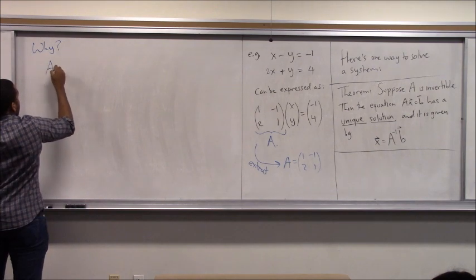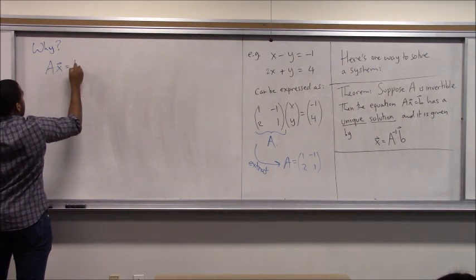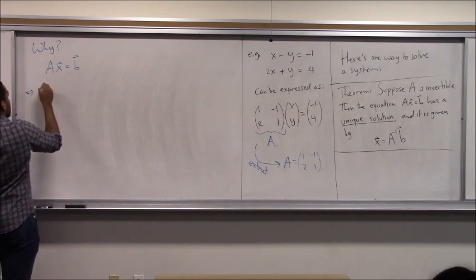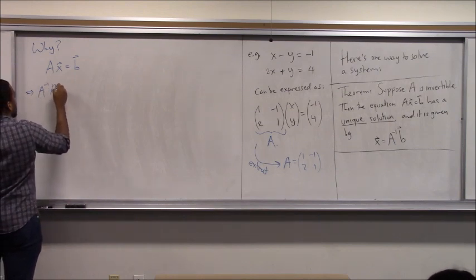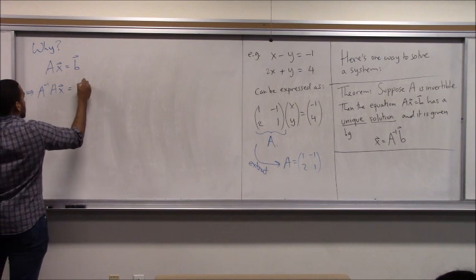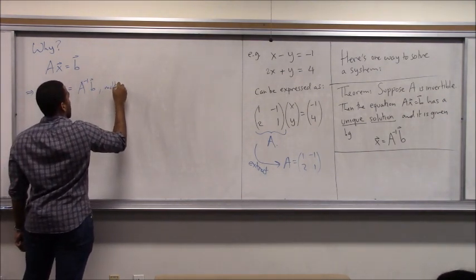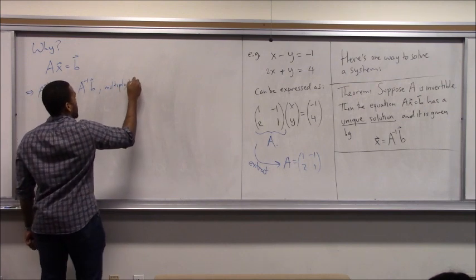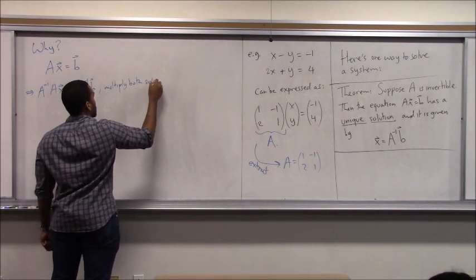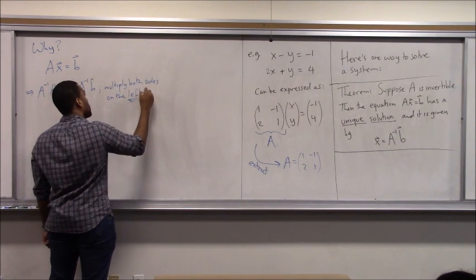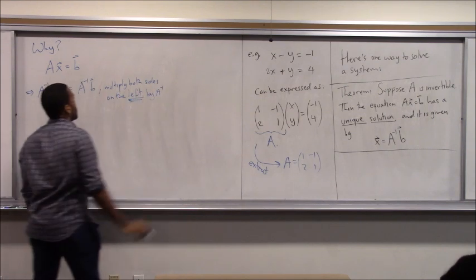Well, if AX equals B, what that means is I can multiply both sides on the left by A inverse.